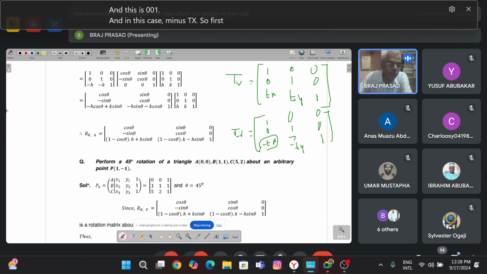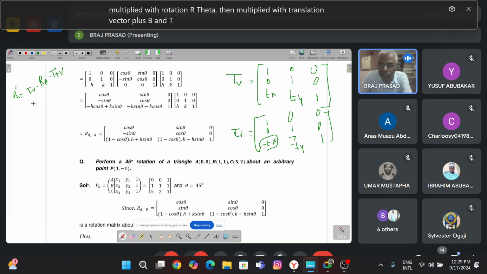So first we have to calculate P dash h equal to t minus v multiplied with the rotation r theta, then multiplied with the translation vector plus v, and t minus v is this one. So we will write 1 0 minus tx. At this place tx is equal to h.